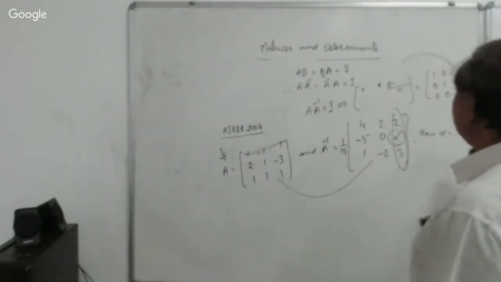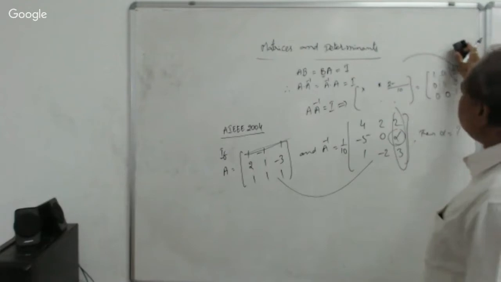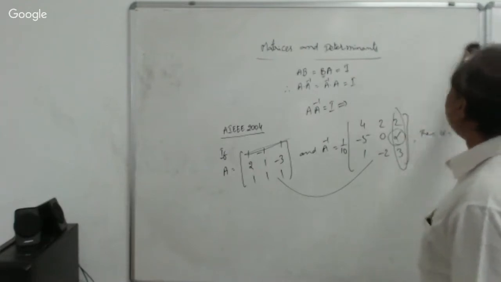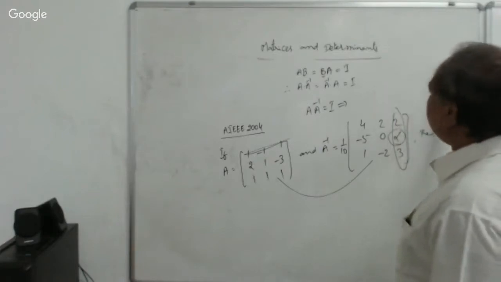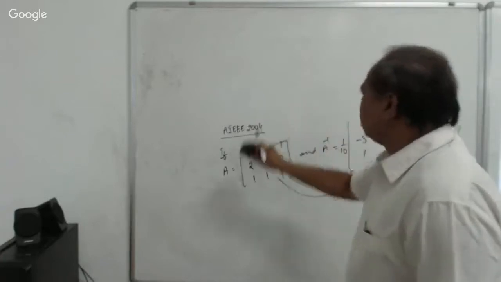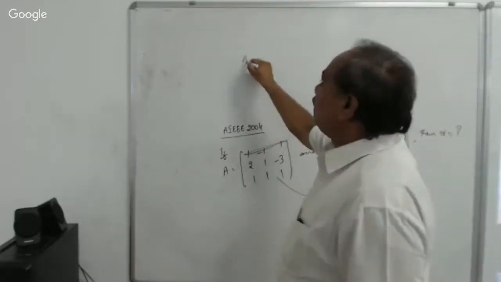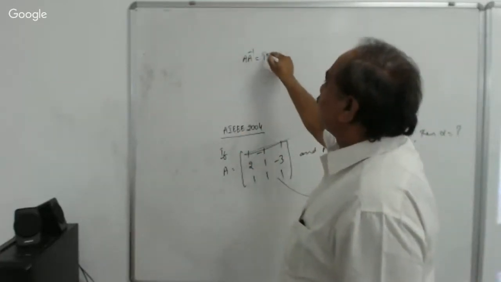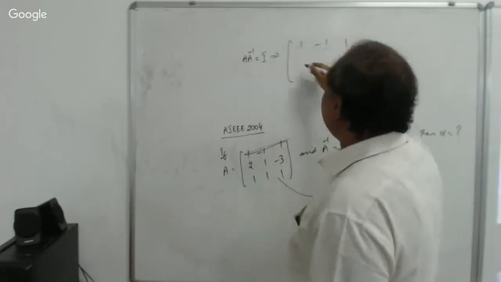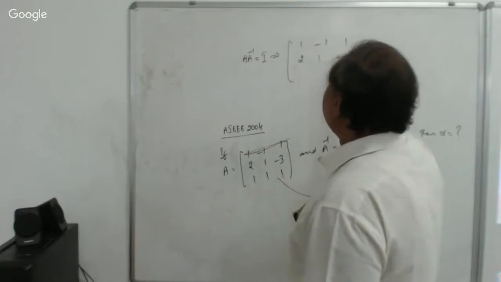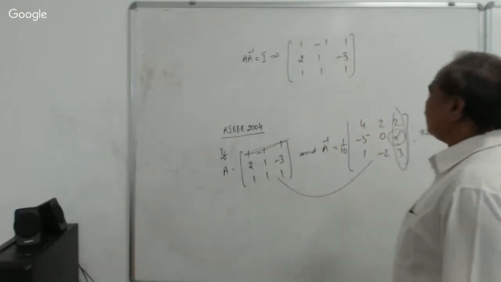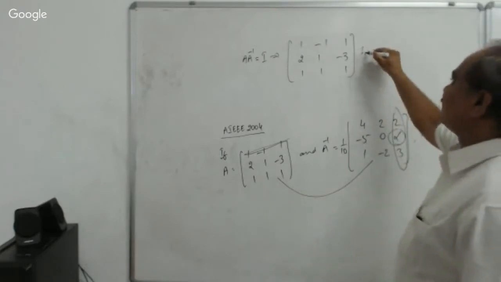Okay. Here I am writing it again. It is not clear, the gap is very less. I am writing here: A into A inverse equal to I. That implies A means the matrix 1, minus 1, 1; 2, 1, minus 3. No need to write these matrices also, it is a time-based process.